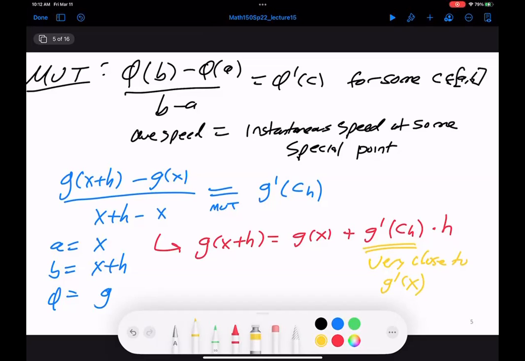It's exact if we use the special point c, which we don't know where it is, but we know c lives between x and x plus h. So if this is x and this is x plus h, then c sub h has to be somewhere in here.